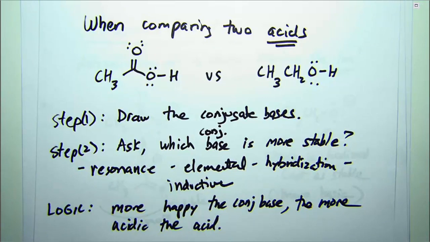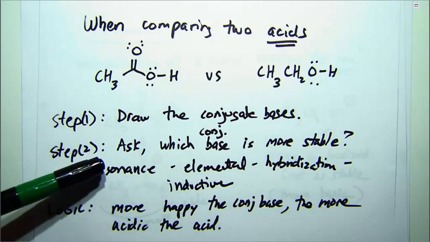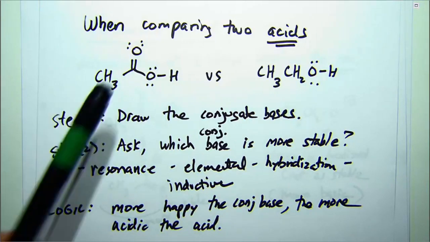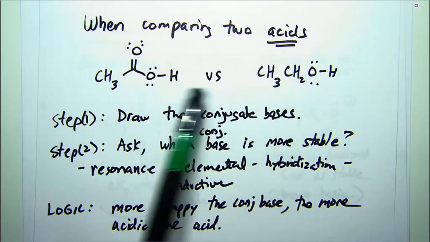So the person that's angrier and unhappier is probably the one that really loves the chocolate even more. Whereas the person that's totally fine and happy without the chocolate, they're the more happy conjugate base, right? So they're willing to give up that chocolate. Okay, so the key is you've got to look at the effect after you give up the proton, and not just comparing these two guys beforehand.